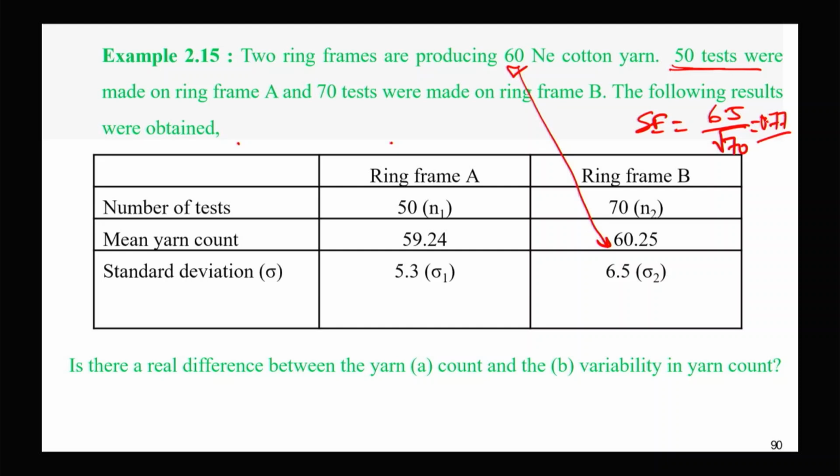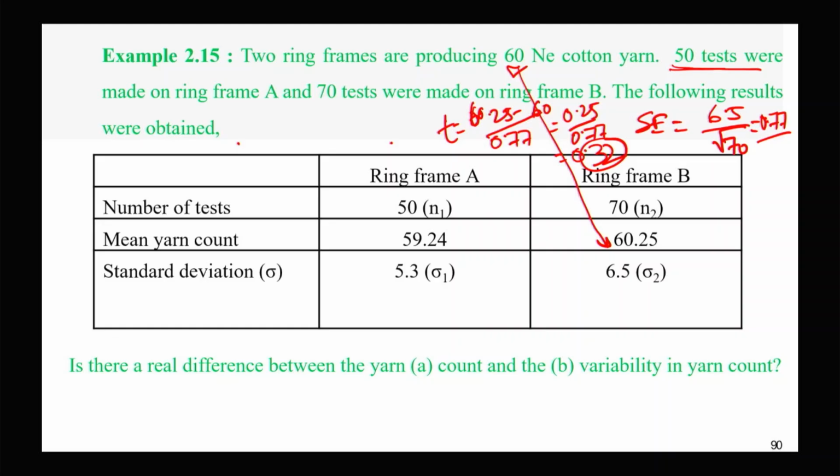And the t value we are getting is 60.25 minus 60 divided by 0.77, which is 0.25 by 0.77, so it will be 0.32.